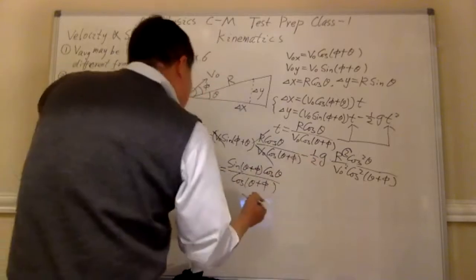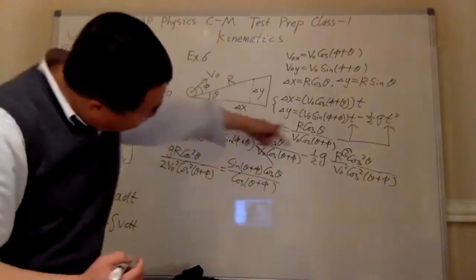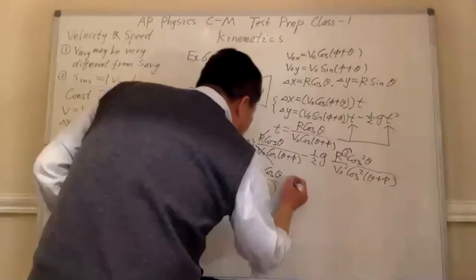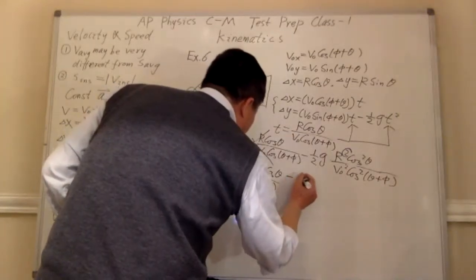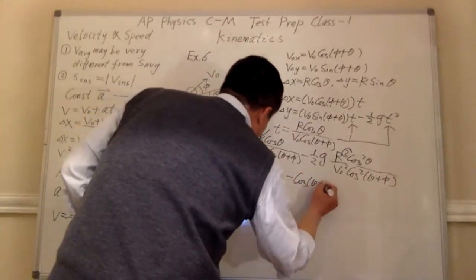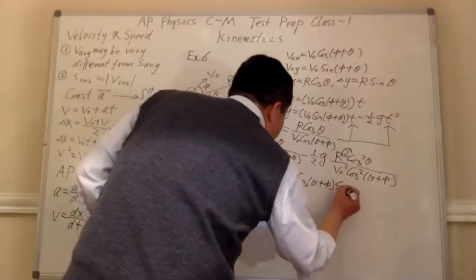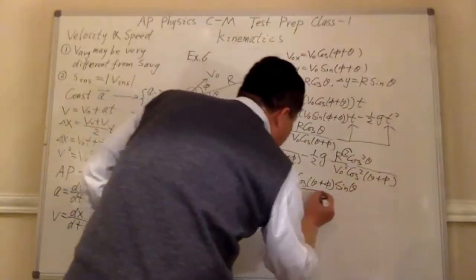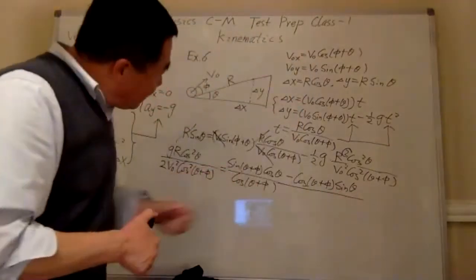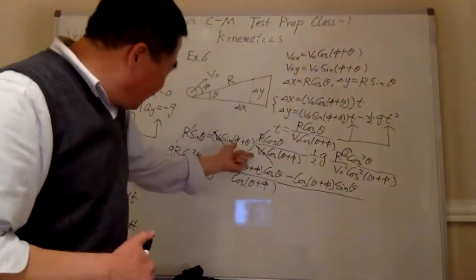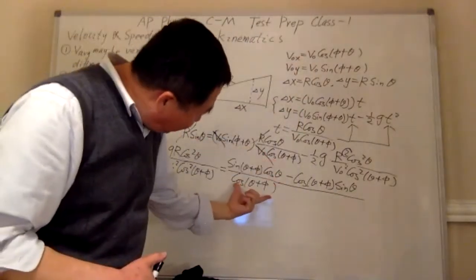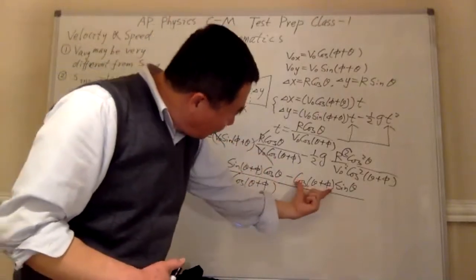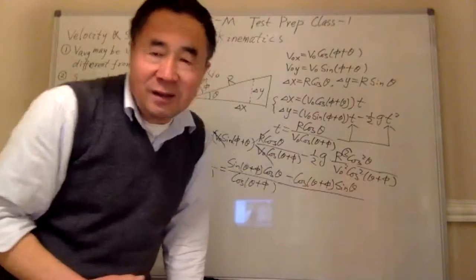Then I do the common denominator because of sine theta. I sum this item with this item. I do the common denominator, cosine theta plus phi, sine theta.